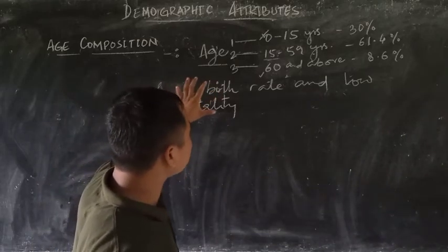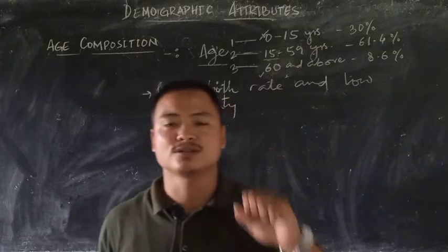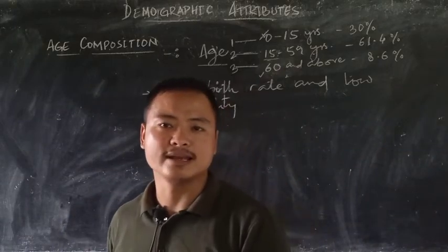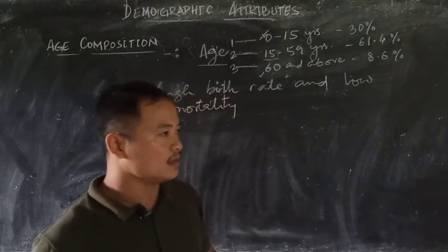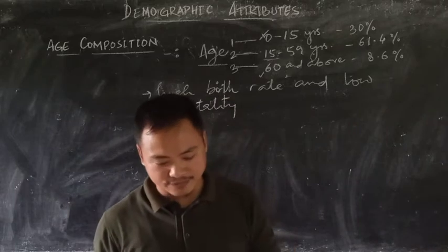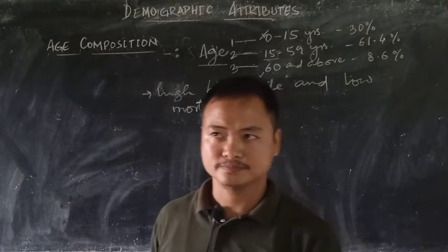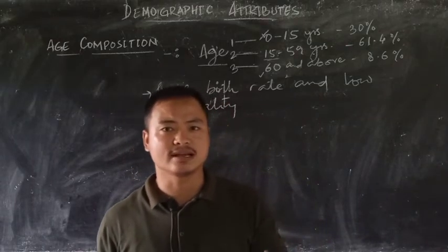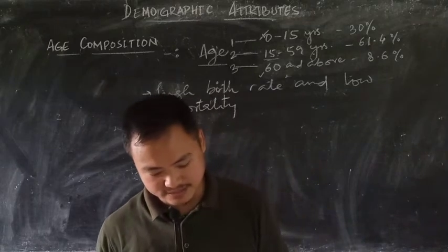Now this high population of the young group is mostly found in the rural areas rather than in the urban areas. Because in rural areas, due to lack of education or better facilities, people are not much aware of the rising population. So this results in a high birth rate in the rural areas.